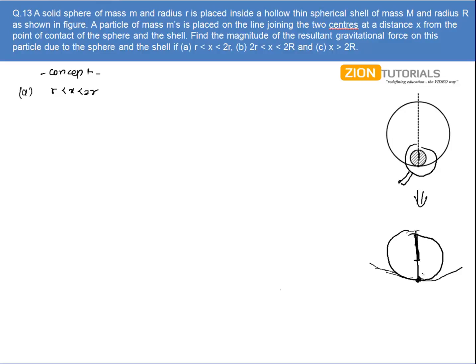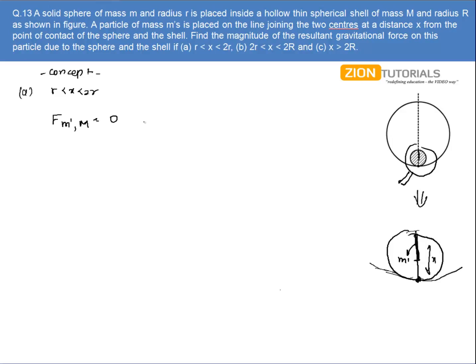Now one thing is clear: if a particle is lying over here at a distance x, this is my mass m dash, then the force acting on m dash due to the capital M, the outer shell, will be 0, because the m dash is lying totally inside a hollow shell.